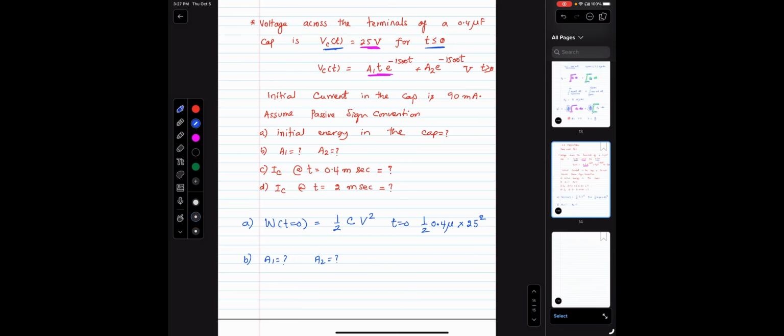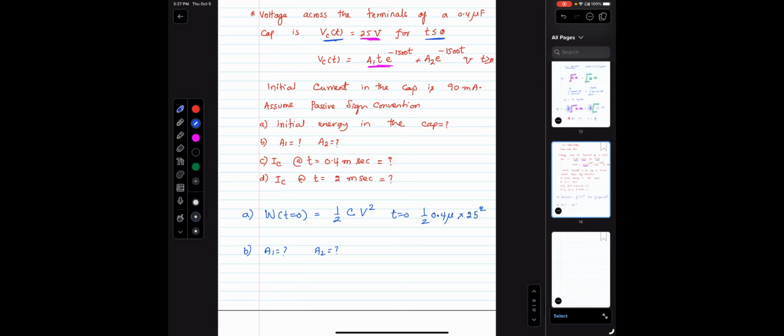Now the next part is that given Vc equals 25 volts for t less than or equal to 0, and it equals A1 t e to the negative 1500 t plus A2 e to the negative 1500 t volts for t greater than or equal to 0, what is the value of A1?